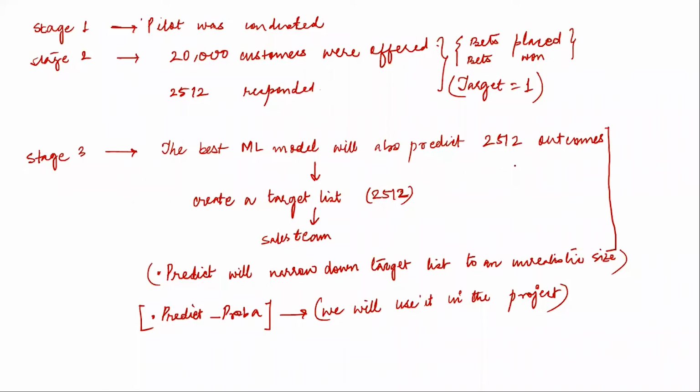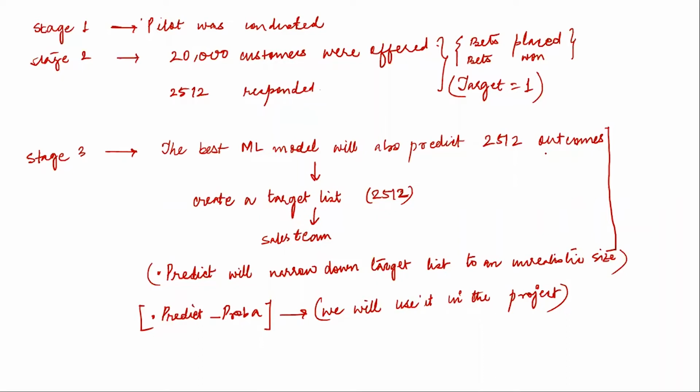Okay. So there are two kinds of errors that models make, type 1 and type 2 errors. Type 1 would be that the model predicted a customer to be a responder, but it turned out to be a non-responder. That is a type 1 error, something that you can control.